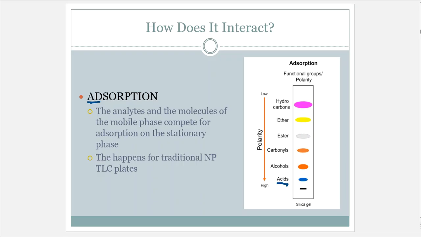They are very polar due to how they're built, and because of that, they hang out with the silica extremely well. Then as I go up the strip that represents a plate, I see hydrocarbons toward the top. Hydrocarbons are just carbon and hydrogen based systems. They will often draw carbon with H2N plus 2, even though that's not necessarily happening every single time, but it gives you the idea of what a hydrocarbon is.